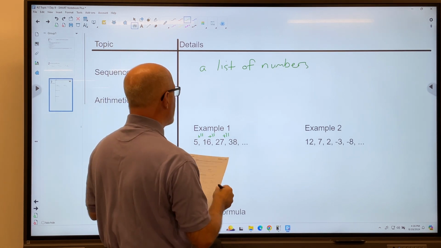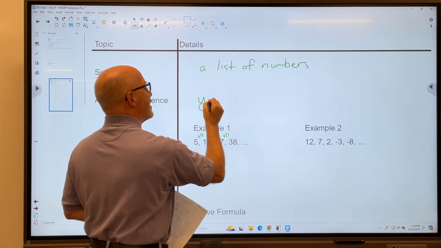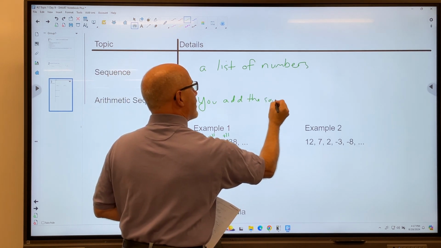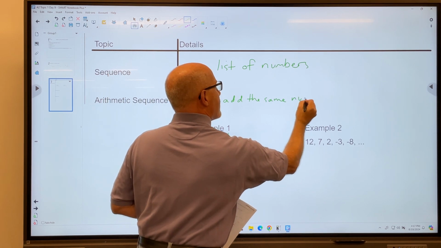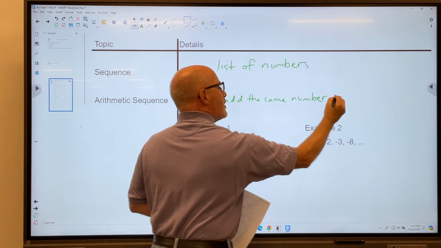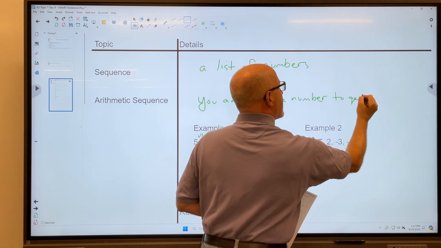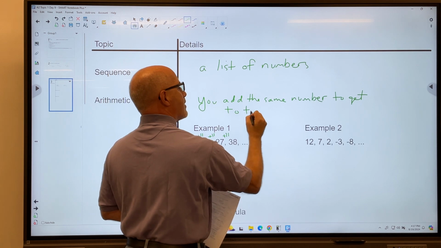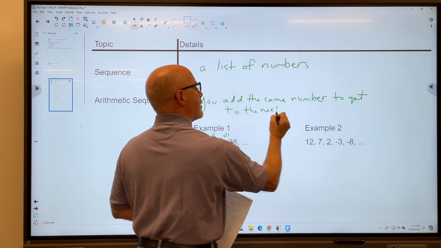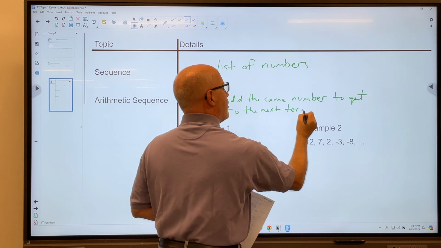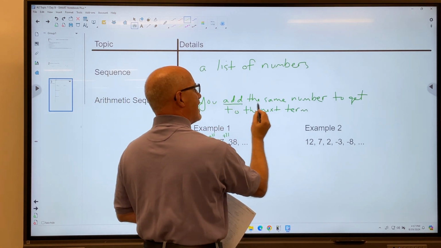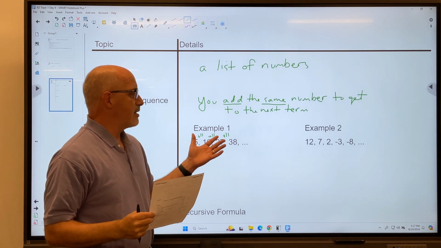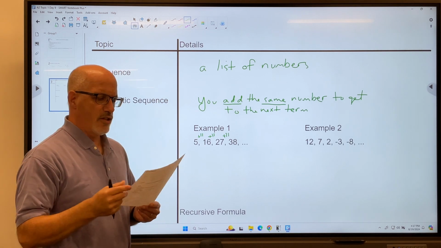So an arithmetic sequence is you add the same number to get to the next term. So the key words are you're going to add, and it's going to be the same number when you do that. Now, let's talk about this example then, and we'll do this example here just to describe it.